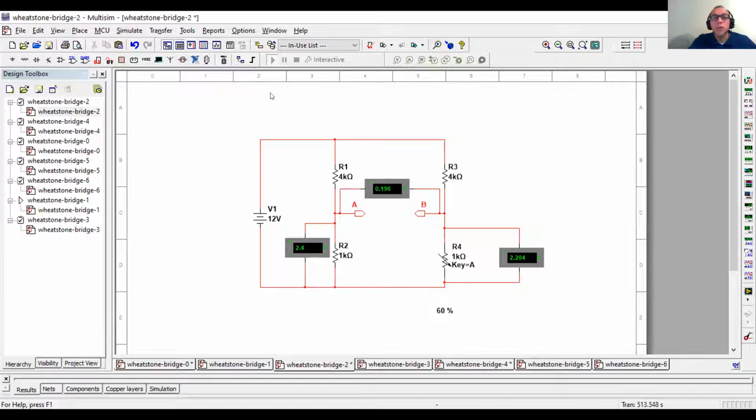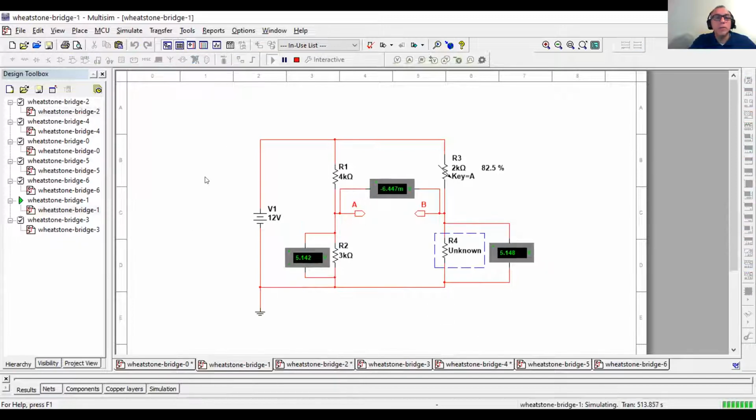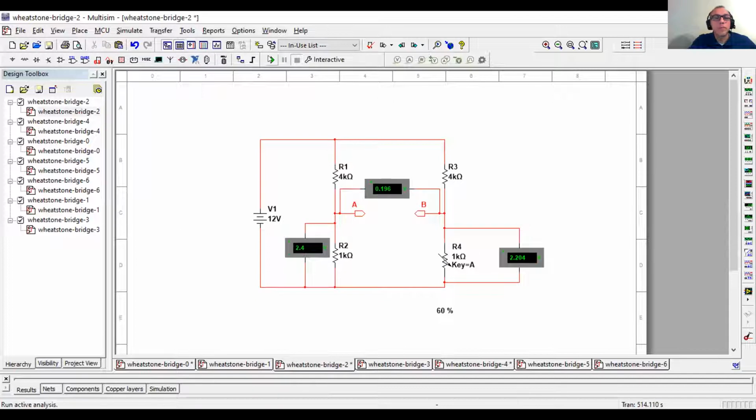So VAB will constantly change, turn this one on. There we go. So as we change the resistance on our input, the voltage changes.